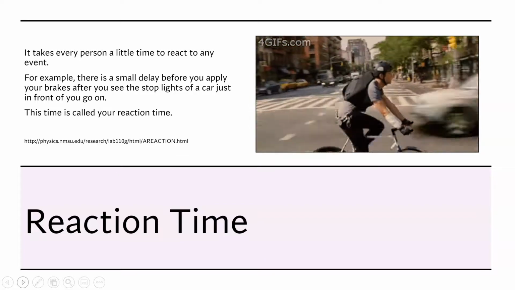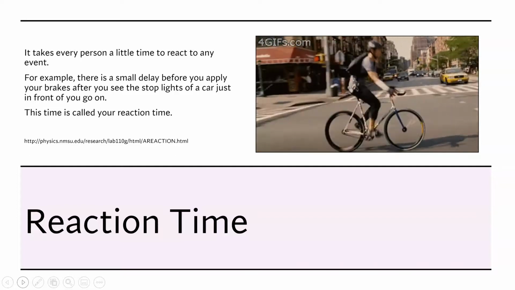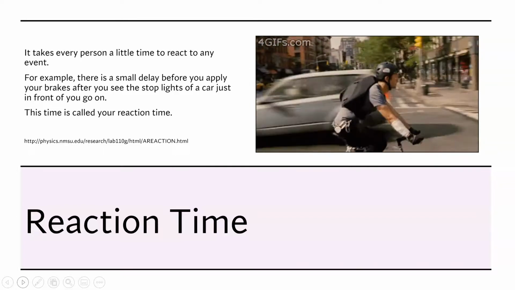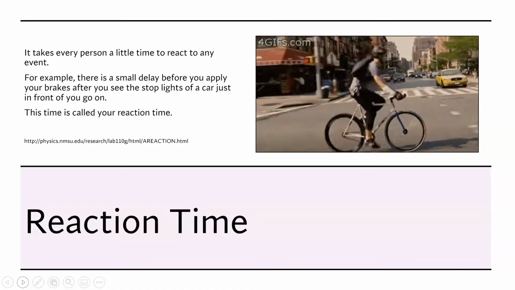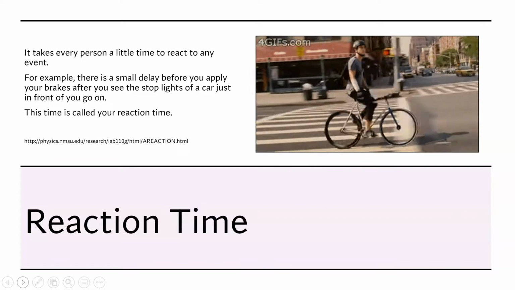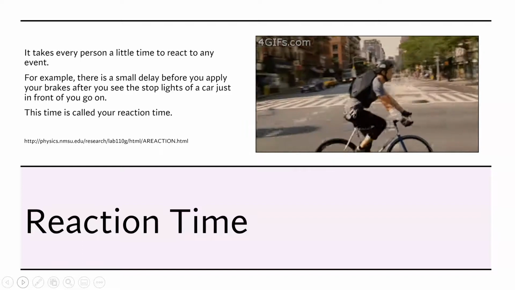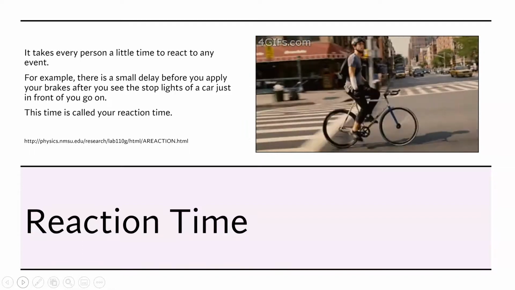For example, there's a small delay before you apply your brakes when you're driving, or when you're cycling, after you see the stoplight. So you're driving along or cycling along, you see the stoplight go red. There is a time between you seeing the stoplight go red and applying your brakes, which is called your reaction time.